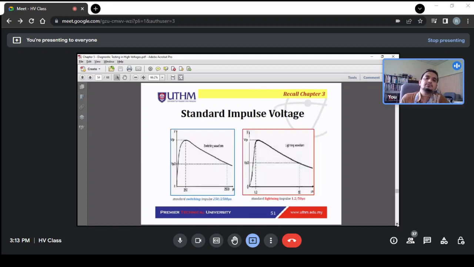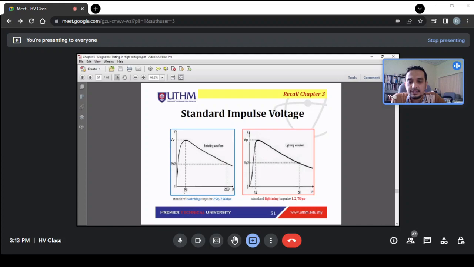Okay, how to differentiate the impulse waveforms? This is the general impulse waveform. If we plot voltage against time, we have a quick rising time at this point going to decay time. This is what we call rising time, and this is decay time.